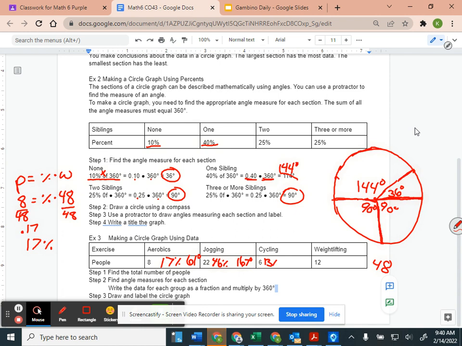This would be 13%. This would be 47 degrees. This one would be 60 degrees.